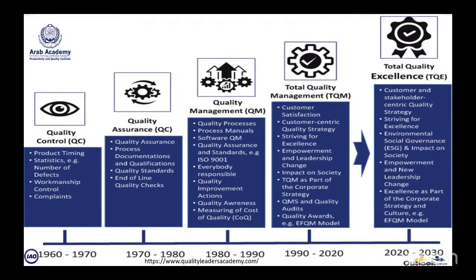Now coming to the third era, it's the quality management era. Here you see an icon of growth. Okay, so here quality management introduced quality process, wherein you design the process so quality is built in. It has brought in process manuals, where documented systems for repeatable excellence are there.